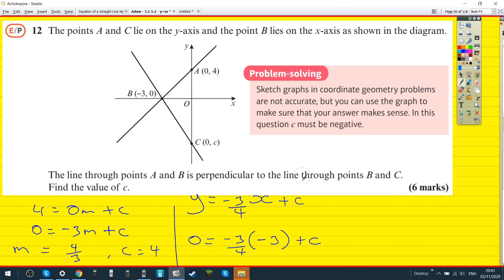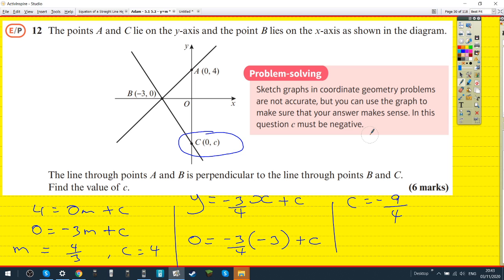So c is minus 9 over 4, because that is the y-intercept for the other line. Great. So you had to find the gradient for this line and then use the negative reciprocal of that to find the y-intercept of the other line.